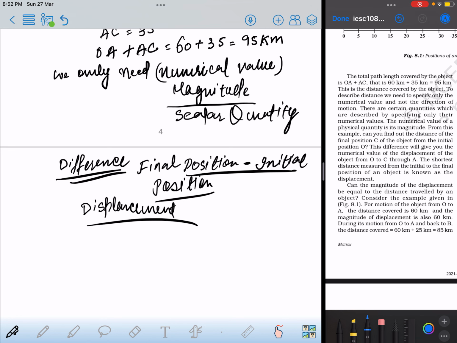So what actually is displacement? The shortest distance measured from the initial to the final position of an object.